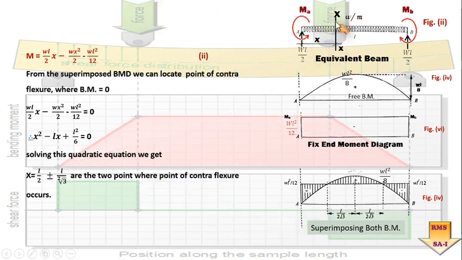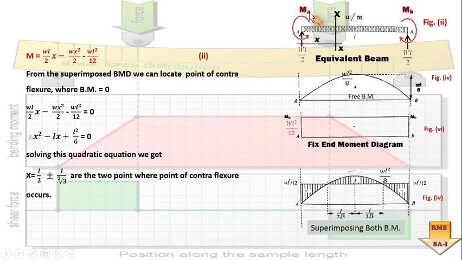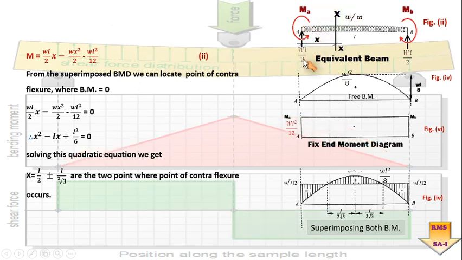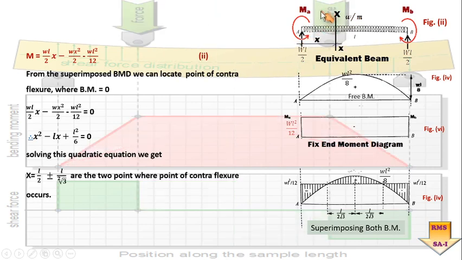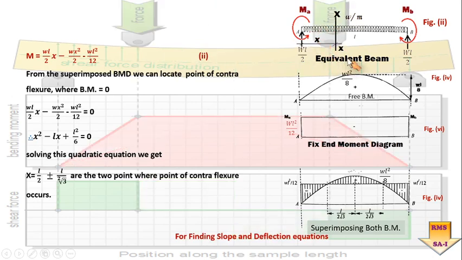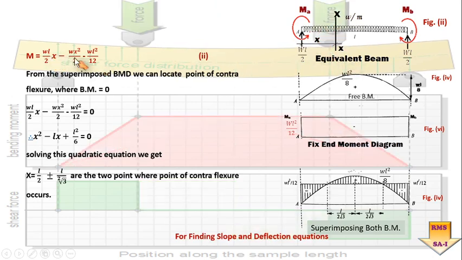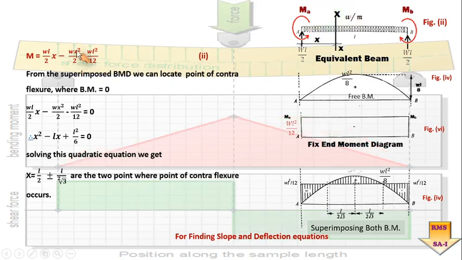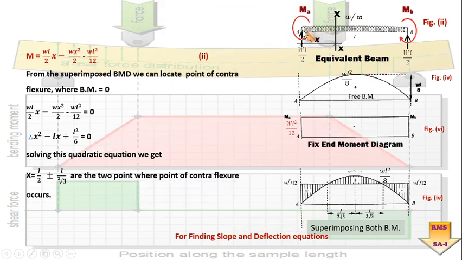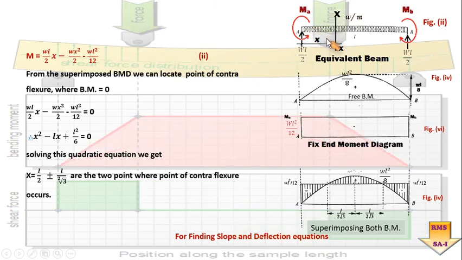If I take a moment about point x, WL by 2 moving in the clockwise sense is positive, so WL by 2 into perpendicular distance x. As far as this UDL is concerned, it is acting in the downward direction, which means it is going to form an anti-clockwise moment, so that is why it is minus. So WL by 2 into x minus Wx square by 2, where Wx square by 2 is nothing but the moment due to this UDL imposed up to a distance of x, minus WL square by 12.